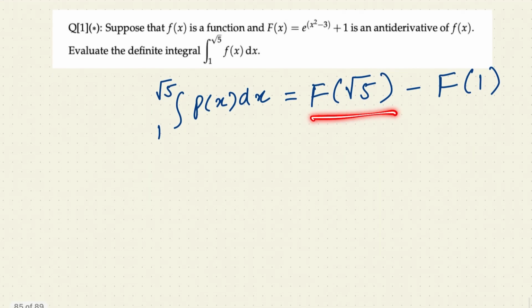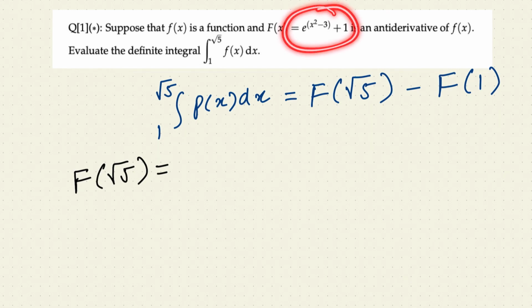And now let's individually calculate these two terms, and then later on we'll subtract these two terms and calculate the final answer. So let's do that. Let's first calculate capital F(root 5). And that is extremely easy, right? We just have to substitute x equals root 5 in this expression and we'll calculate F(root 5).